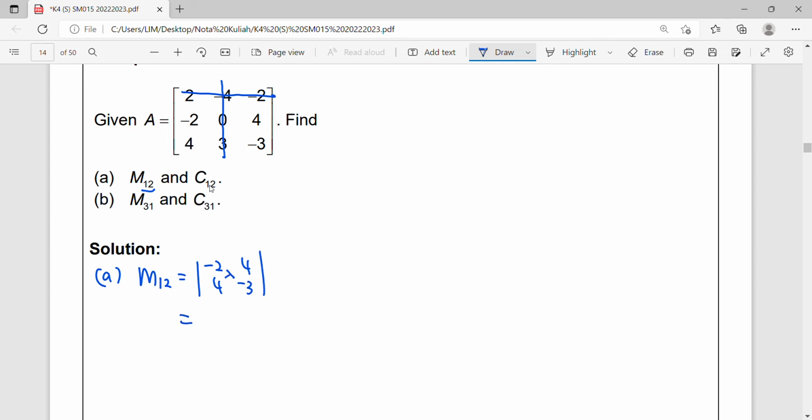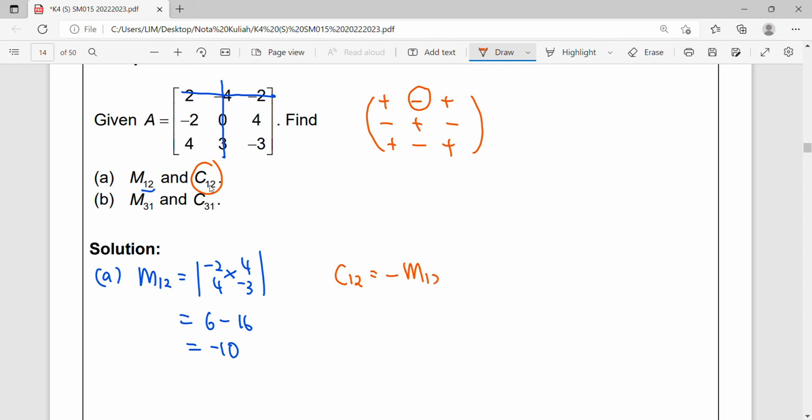AD minus BC gives us -10. When we move on to cofactor, we remind again the cofactor positions: positive, negative, positive, negative, positive, negative, positive. So for cofactor 1, 2, the position is negative. So cofactor 1, 2 will be the negative of the minor, negative of -10. So we get 10.